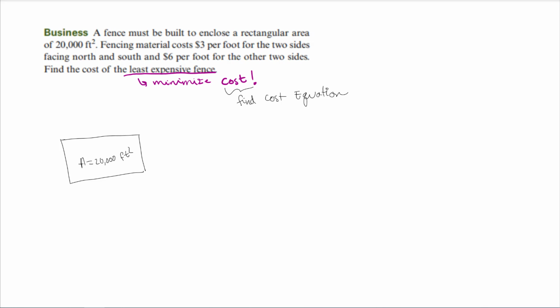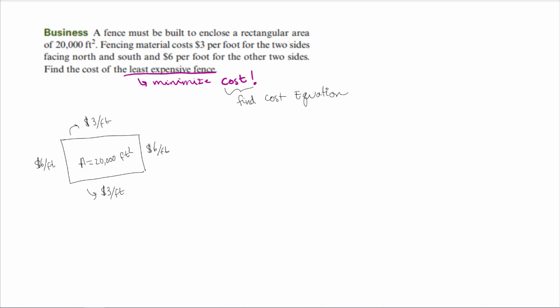Fencing material costs $3 per foot for the north and south facing sides, and the other two cost $6. My picture is probably not accurate, as probably the longer sides should be the ones costing more, but that's okay. That's going to come up in our dimensions.